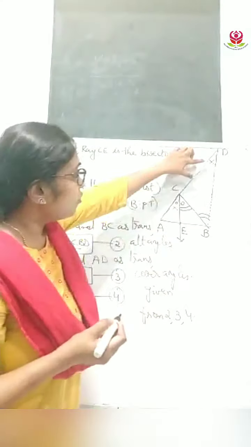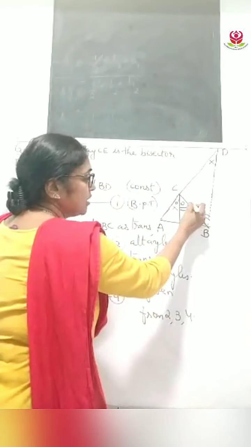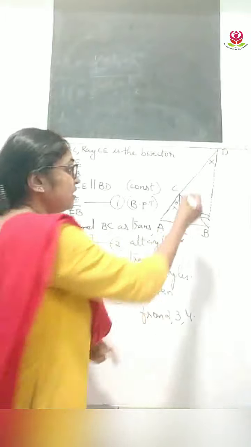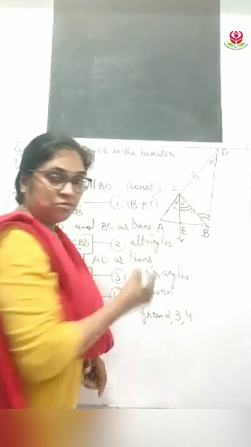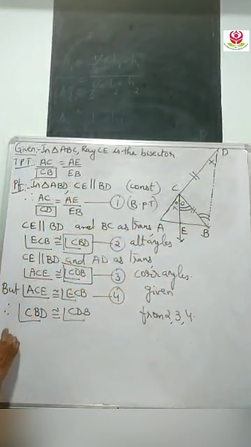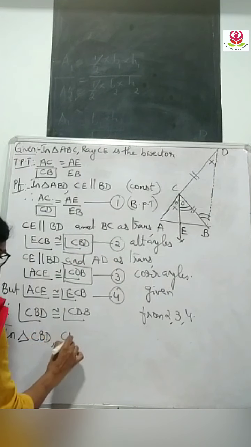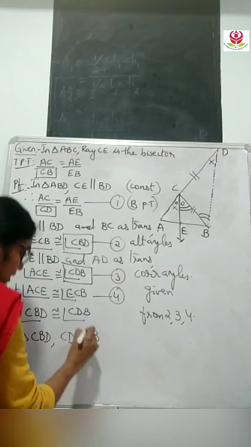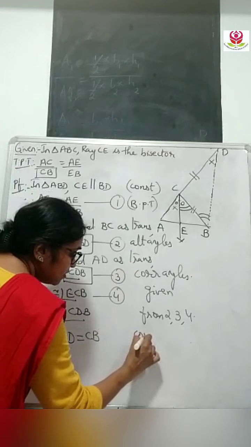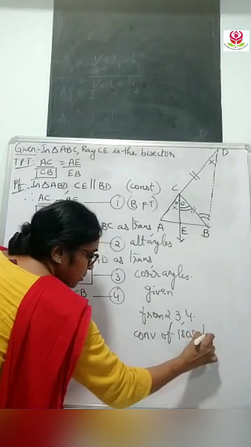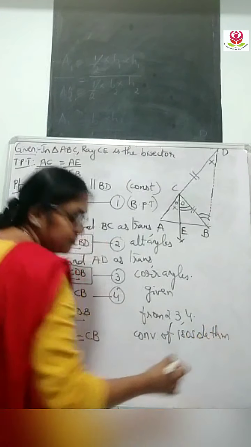Here the side opposite to angle D is CB and the side opposite to angle B is CD. So in triangle CBD, CD is equal to CB. Reason is by converse of the isosceles triangle theorem.